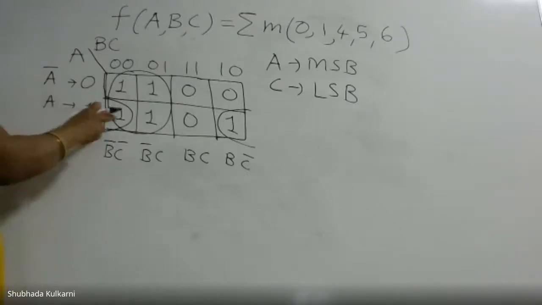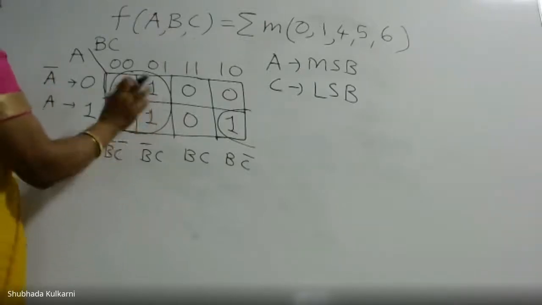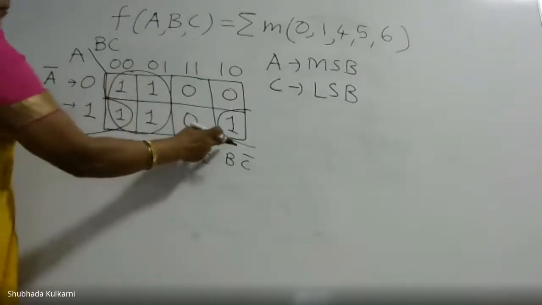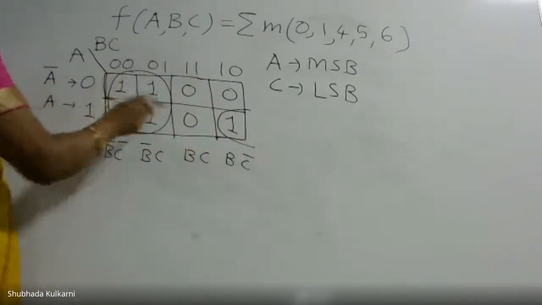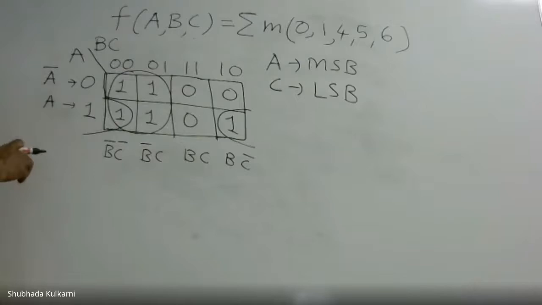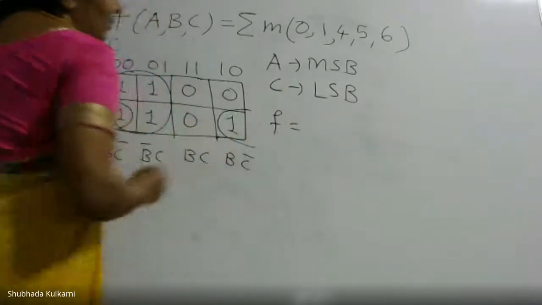Now you may say this one is part of 2 groups. It's allowed. But at least a single one should be independent for this group. So for this pair, this is the only one. And for this quad, there are 3 more ones. So how many groups are in the K-map? 1 quad, 1 pair.